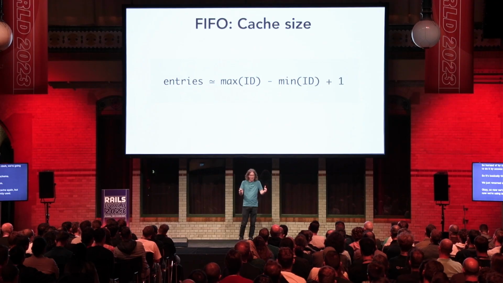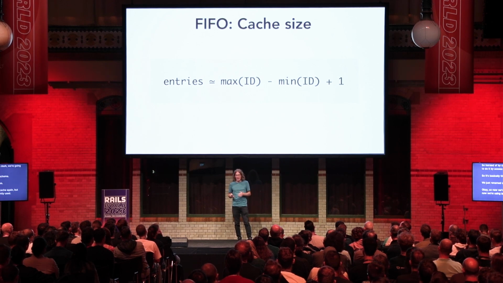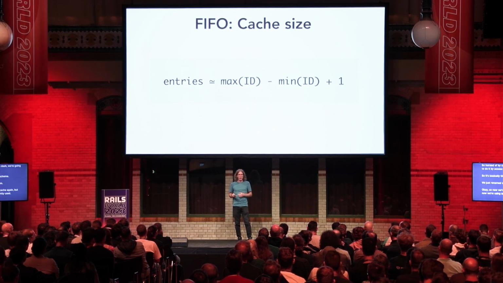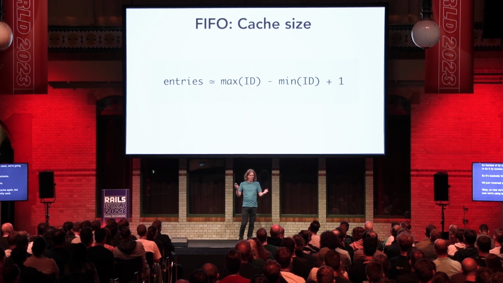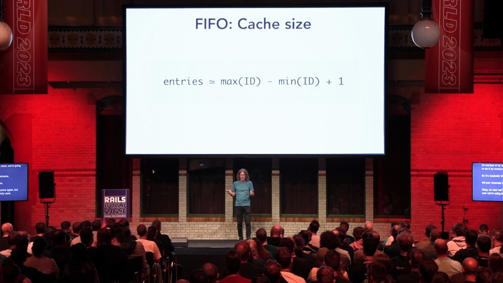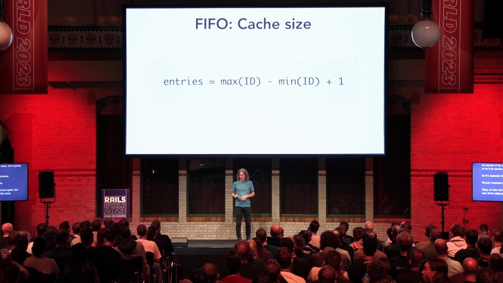So this equation is always an upper bound on your number of entries, but it's an upper bound that matches the number of rows in the table. So that's the way we can work out what our cache size is. We can use the number of rows as a proxy for our cache size. And we can do this in a single query. It's super, super quick. Getting the first and last ID in an index is very, very quick, and it's database agnostic. So that's what we went with for our cache size.